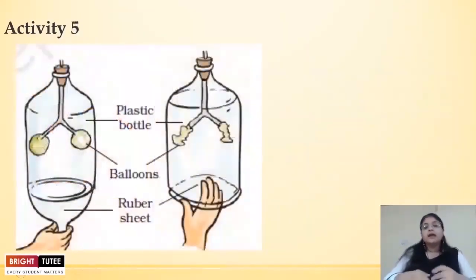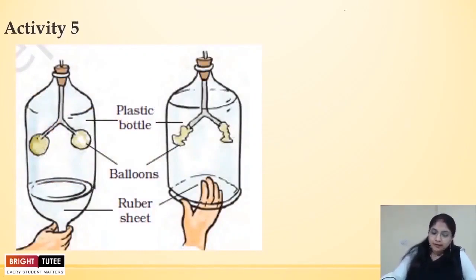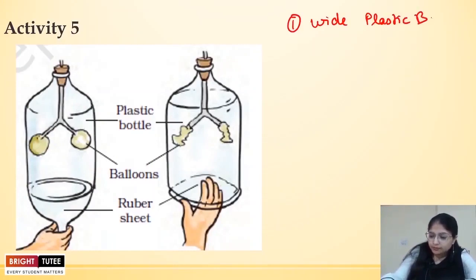Now, to understand the mechanism of breathing a little better, we will perform another very interesting activity. For this activity, what you need is a wide plastic bottle. Then you're going to remove its bottom. Over here you can see the bottom has been removed. Then you're going to need a rubber sheet.